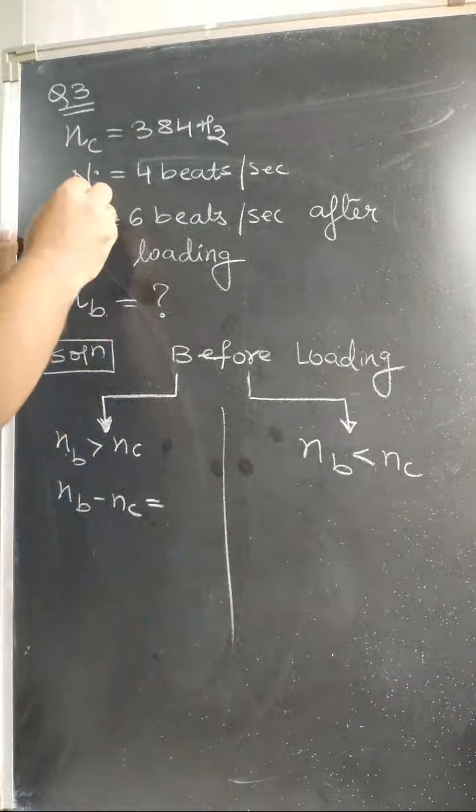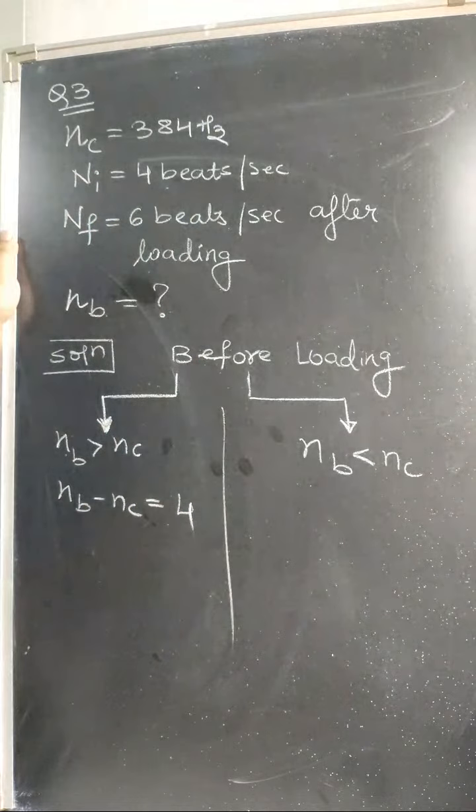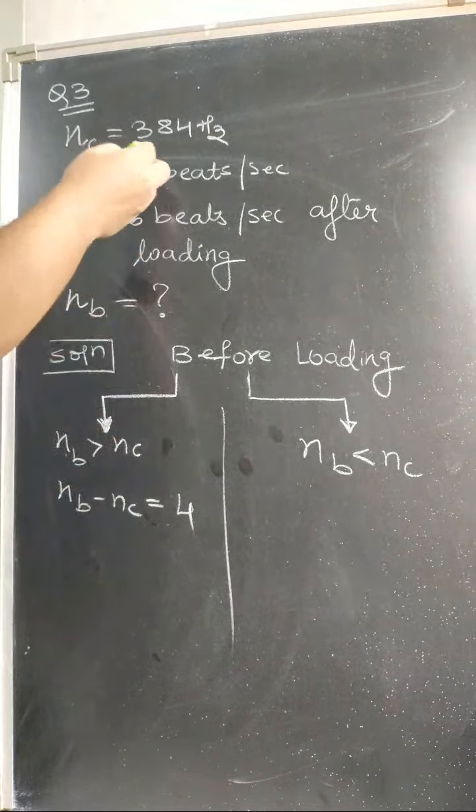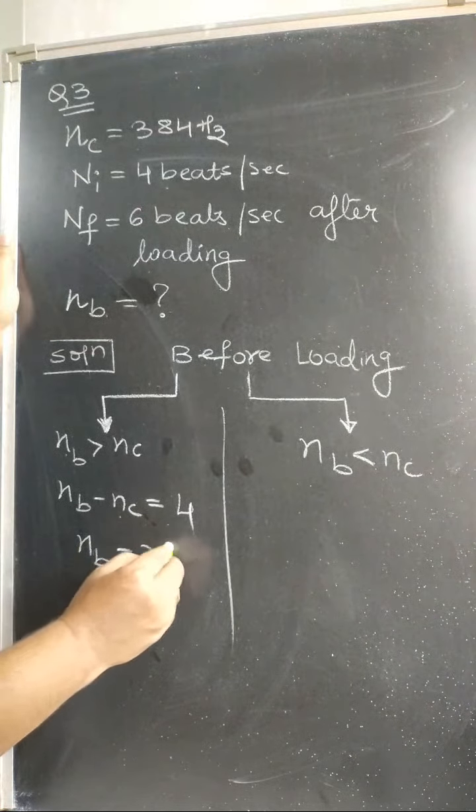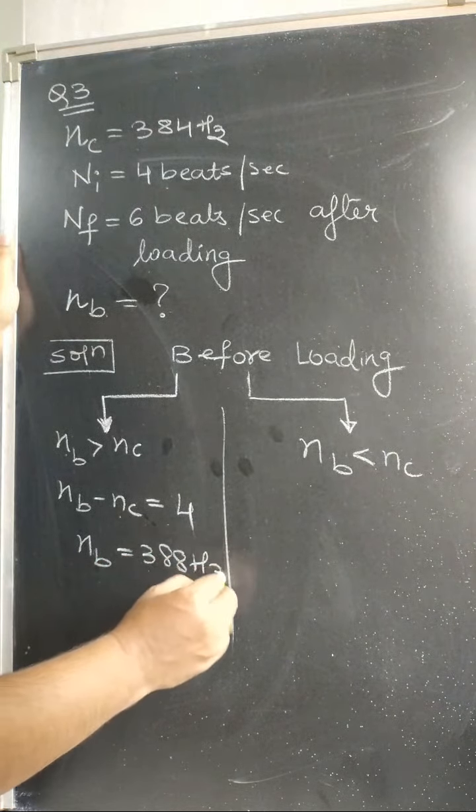What was the initial number of beats? 4. Now the value of NC is 384. So this becomes 388 Hertz.